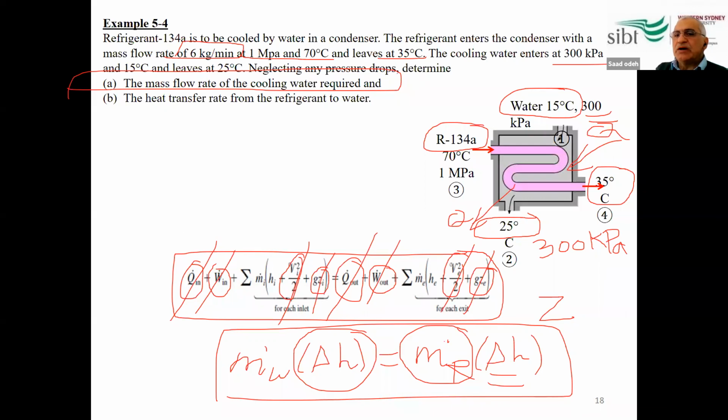So I can go to saturated liquid tables, and at 300 kilopascal, I can find HF for inlet and HF for exit. And I can substitute. The only unknown part here is the m dot water. I don't know. So I can solve this equation to find m dot water.